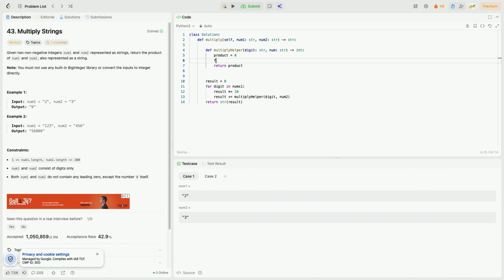Well, we need to iterate over all of the digits in num. Right. Well, our product, we're going to do the shift thing again. We're going to multiply it by 10 to do the left shift.